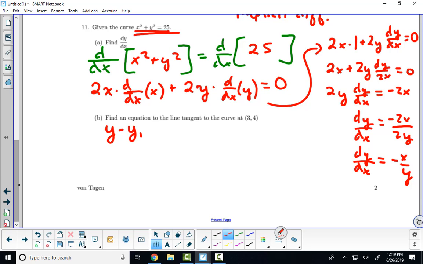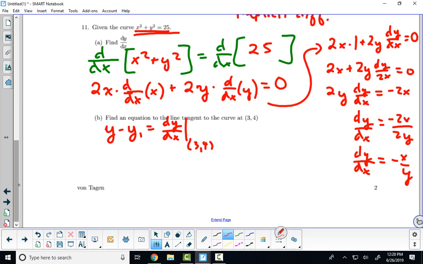Okay? So I'll just write y1 equals dy dx, and here I'm going to introduce some complicated looking notation. That's the derivative, right? Dy dx, that's the derivative. Then this bar, and I'm going to put 3, 4. Ooh, how do we interpret that? This says take the derivative, or use the derivative function and evaluate it where? When x is 3 and y is 4.